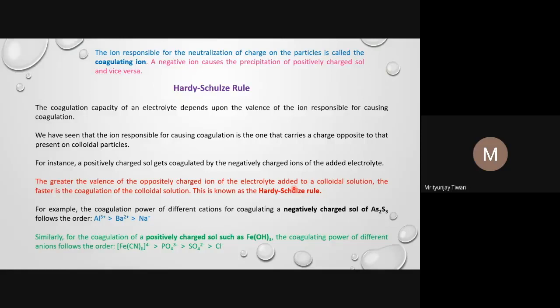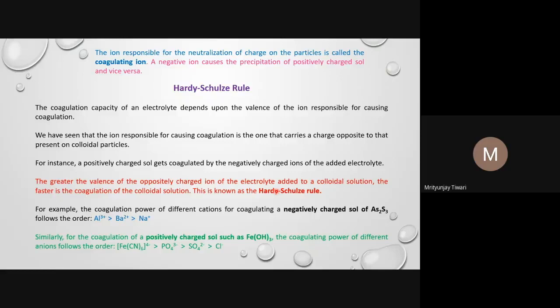This coagulation depends on the valency of that cation or anion, the oppositely charged ion, meaning how much cationic or anionic charge is there on the ion.